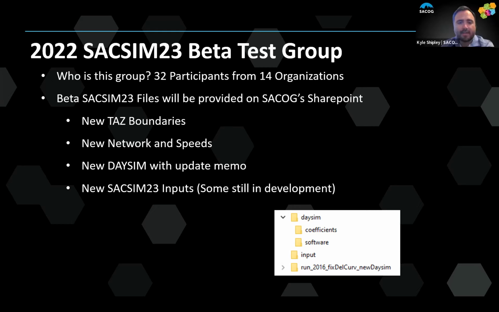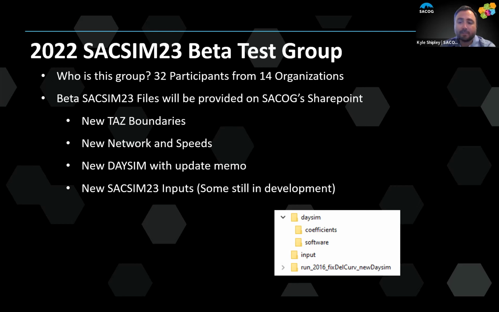So from my end, I think the big changes are the TAZ structure, the network inputs, and then the re-estimation and recalibration of DaySim. So really, how is the model performing as you'd expect it? Is there further calibration we should do before forecasting? Those are really it. And then we're also just trying to share with the user community what these changes are in advance, so you can get familiar with using the new tool before the adoption time frame.